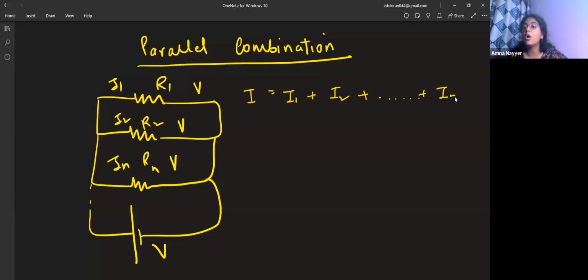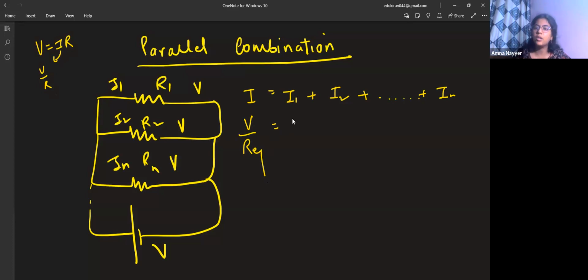Now apply Ohm's law. What did we study in Ohm's law? You have V is equal to IR, right? From here, I will be equal to V by R. So this becomes V by R equivalent. Now, will the potential change for the first resistor?